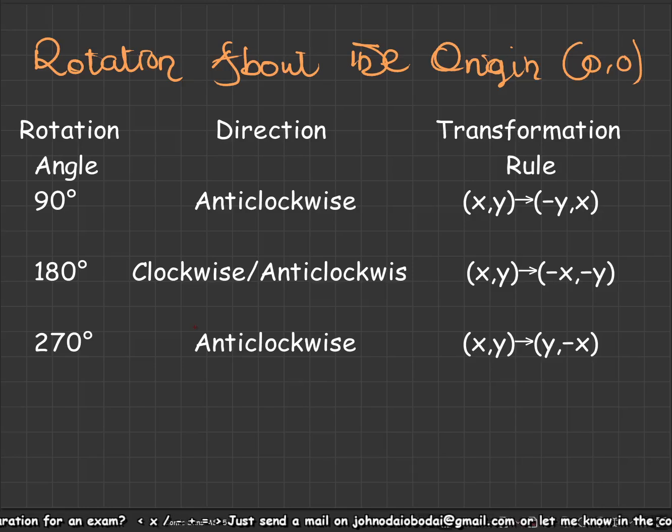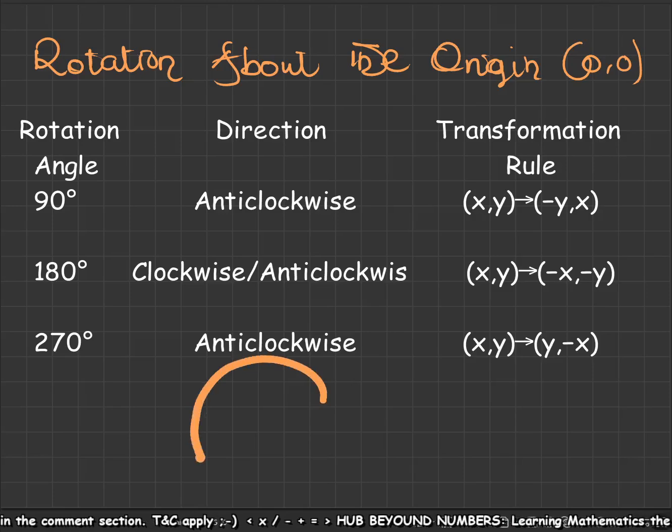So the first one here says, as I said earlier, most times we want to work in the anti-clockwise direction. So if, about the origin, you want to rotate a figure 90 degrees anti-clockwise, that is this way, right?